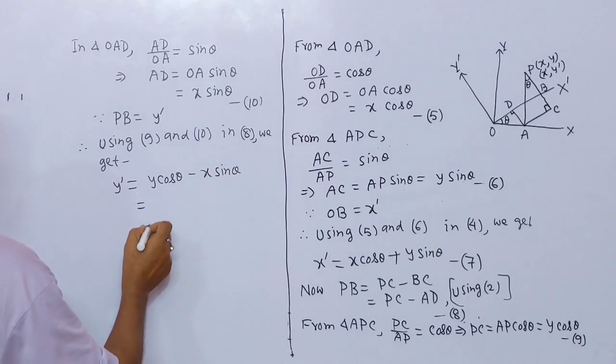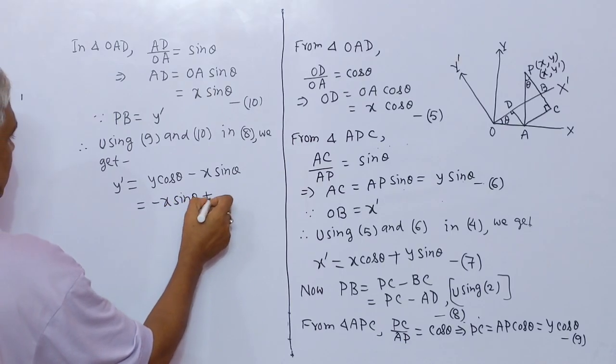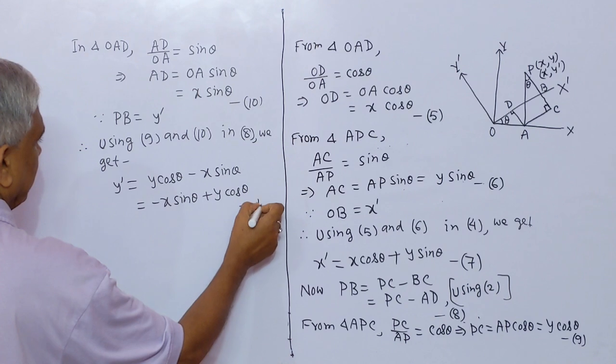This is equal to minus x sin theta plus y cos theta. This is number 11.